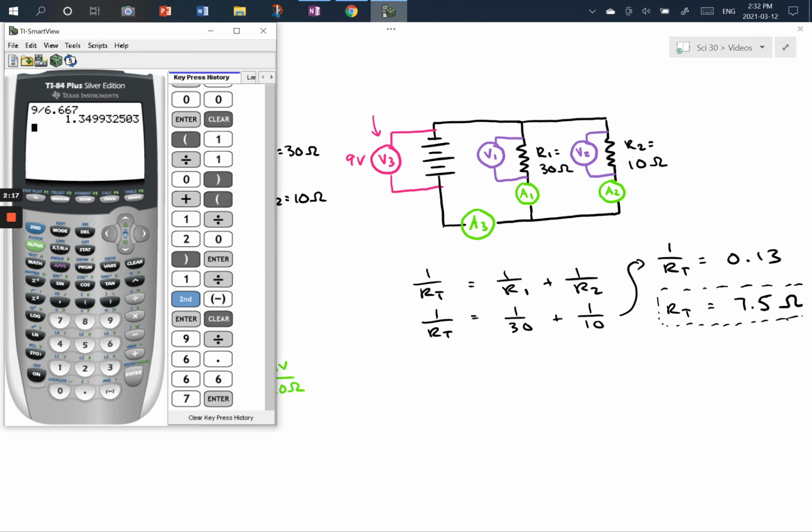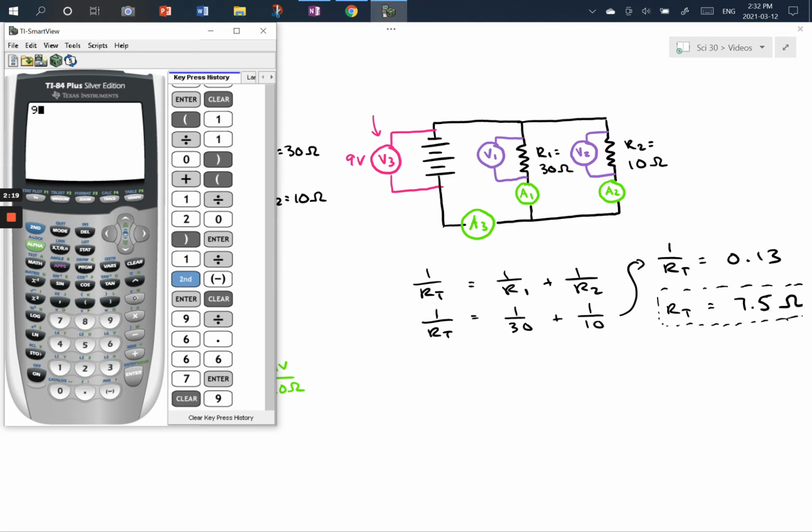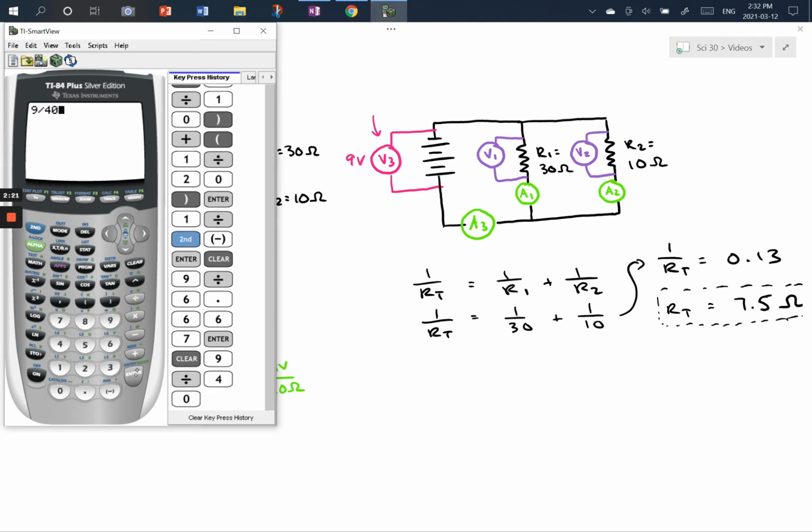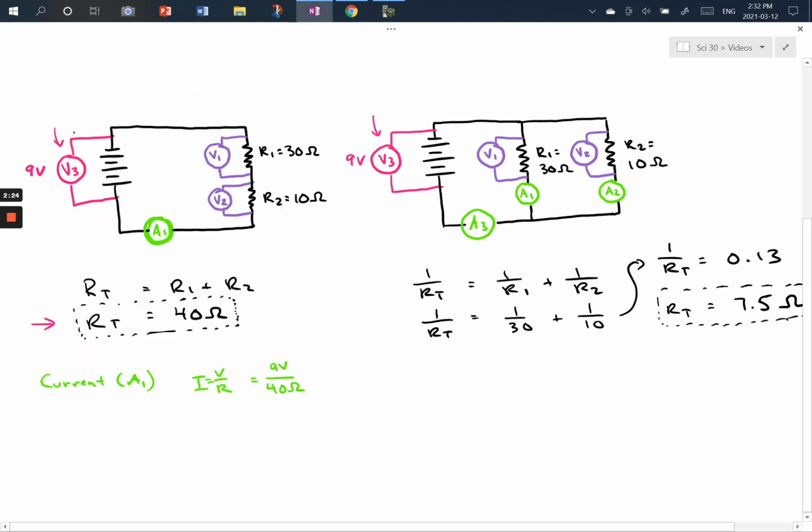So I'm going to quickly plug that in my calculator: 9 divided by 40, and we get 0.225. So the current over here is 0.225 amps.